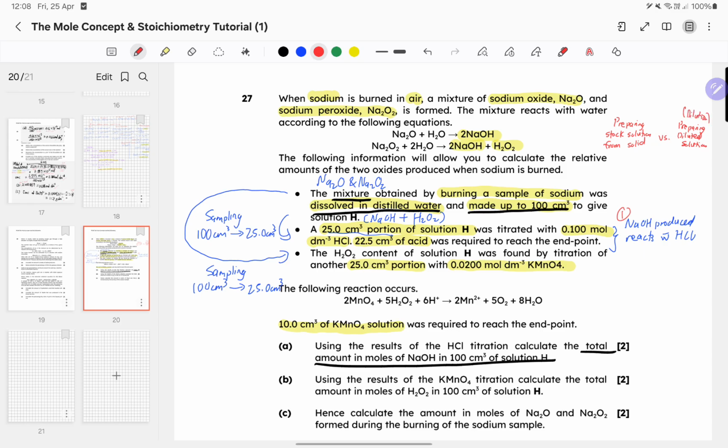Maybe if I were to draw, you're adding the solid inside and then you add water, but for dilution, inside already contains a certain volume and then you want to add water inside. So there's a clear difference between these two processes.